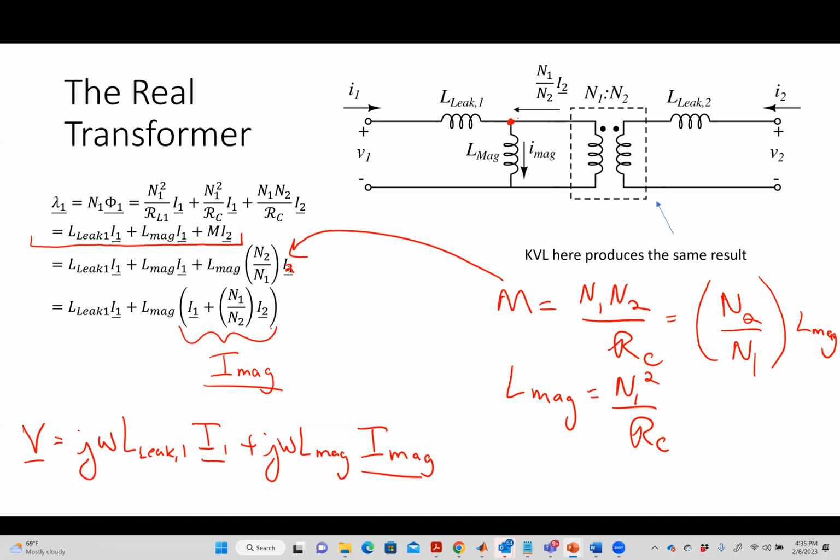In a real transformer, what kind of losses do I have? I talked about it from an inductor perspective, but in a real inductor, I got losses that come from where? Well, losses are heat, right? The conductivity of the core, the fact that there's eddy currents being induced in that core, the fact that there's magnetic materials moving around and all that sort of stuff.